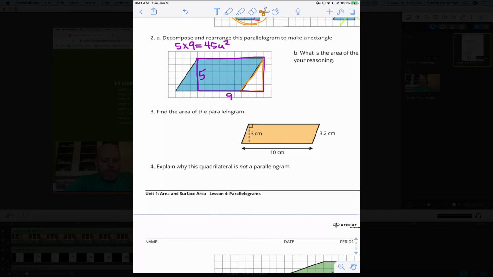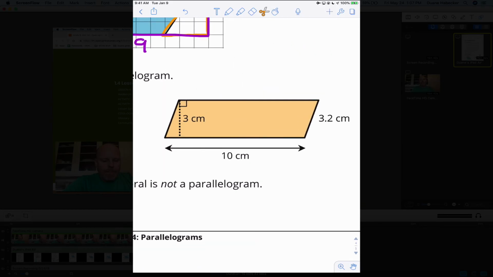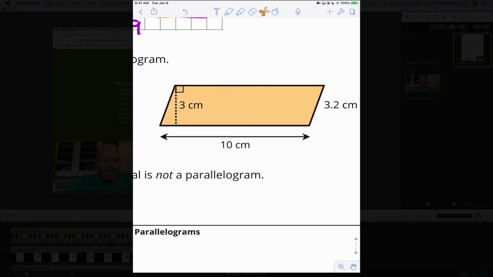Let's see, find the area of the parallelogram. Okay, that's straightforward. We're going to do the exact same thing. We know that the base, the width of the parallelogram, is 10 because it says so, right?